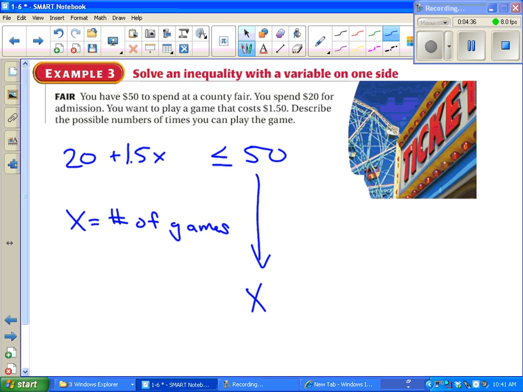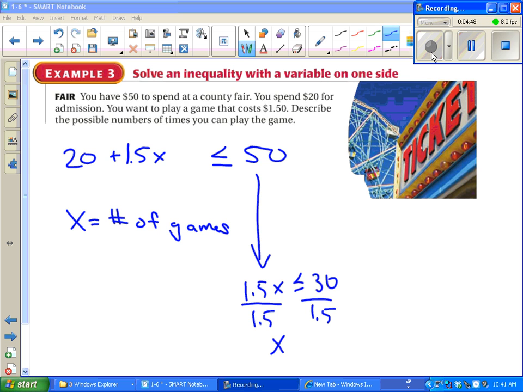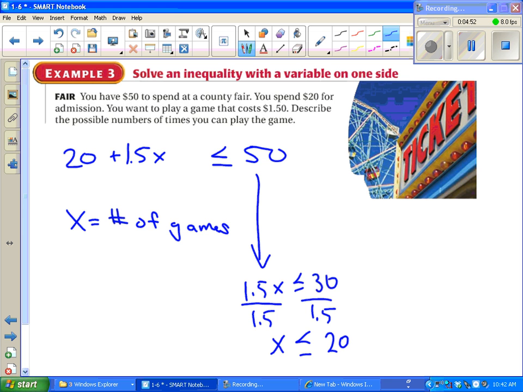So we'll subtract the 20 from both sides first. Then we divide both sides by 1.5. And we get x is less than or equal to 20. That means we can play 20 or fewer games.